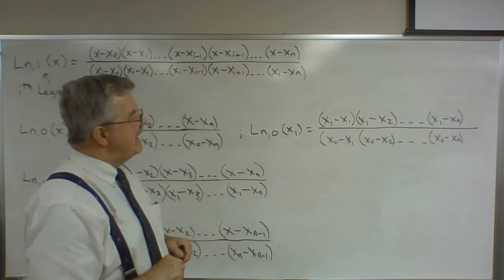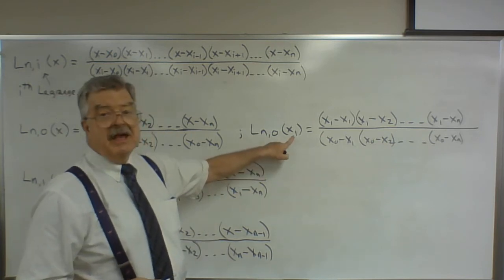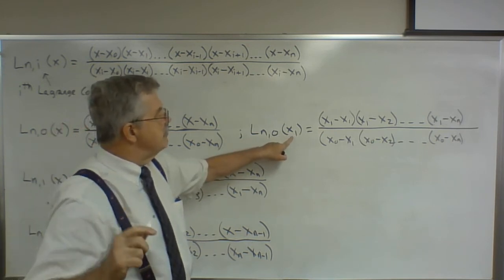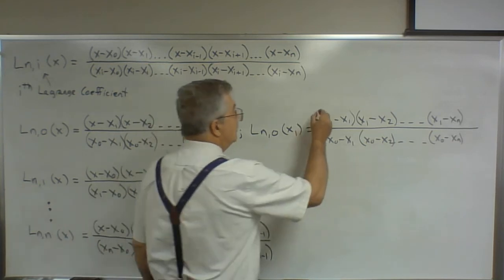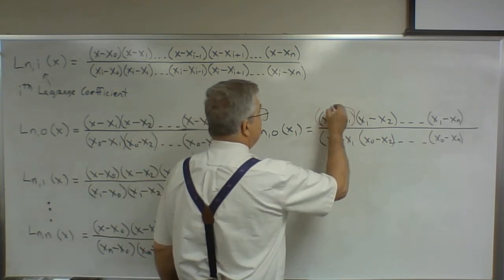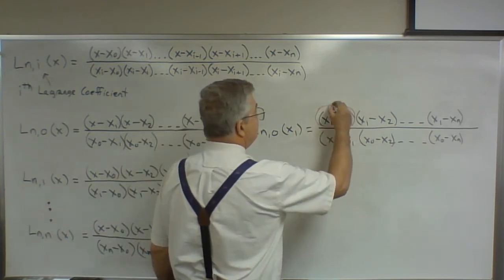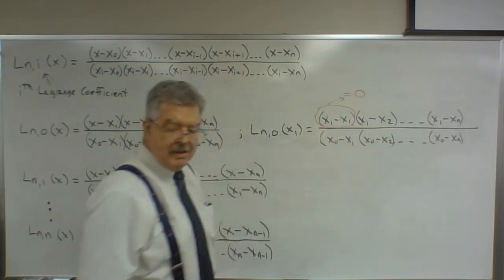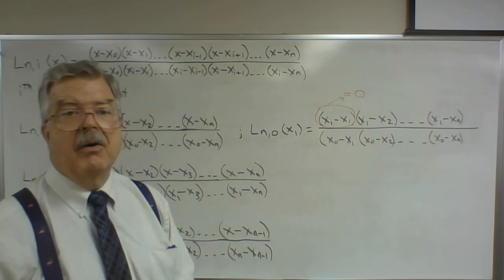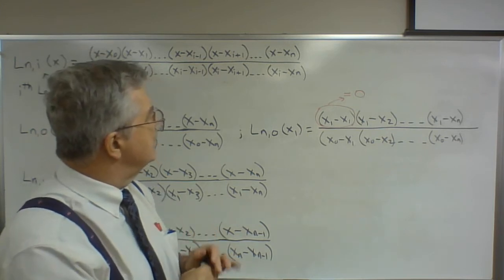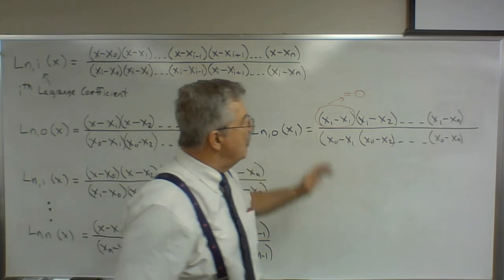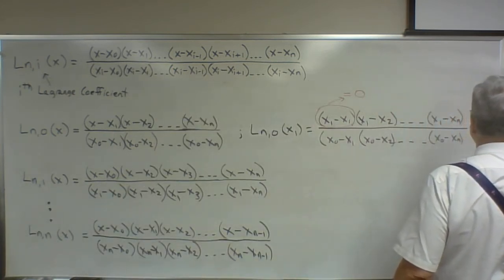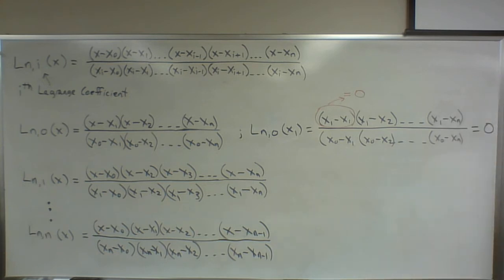When I plug in x of 1, the x coordinate of a data point other than the zeroth data point, what's this right here? x of 1 minus x of 1 equals 0. So the whole thing is 0.